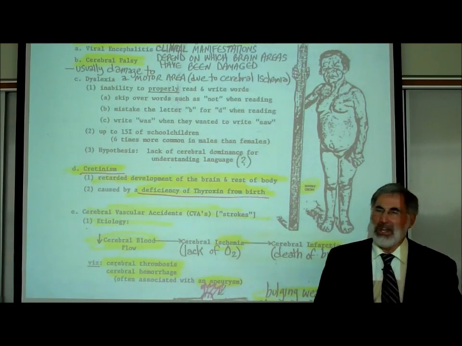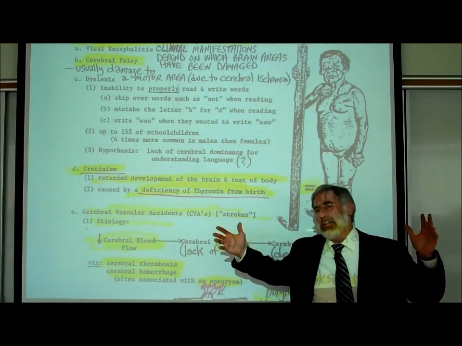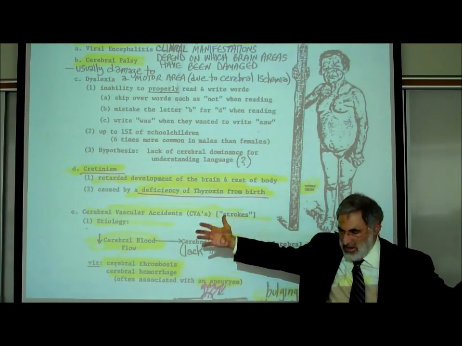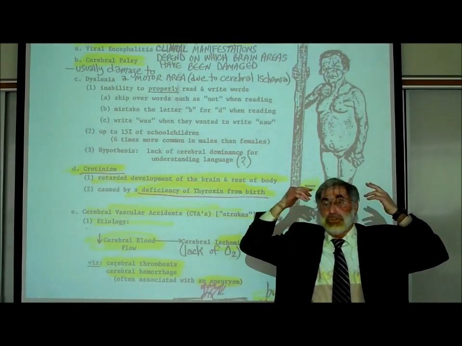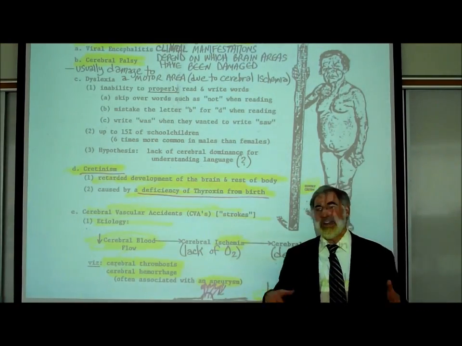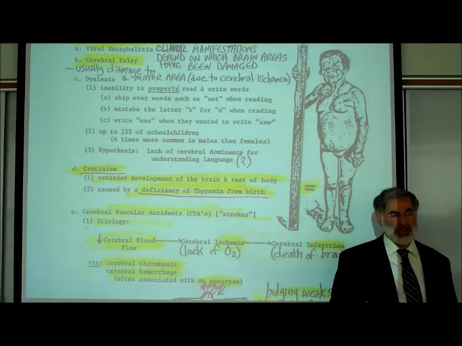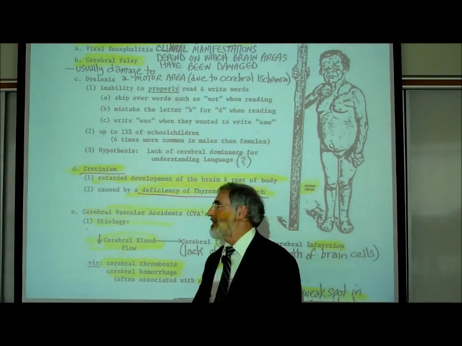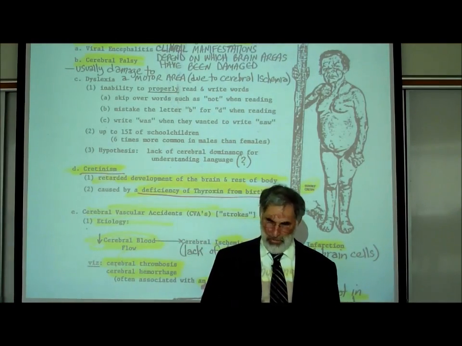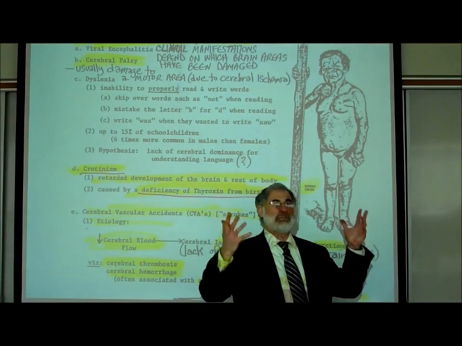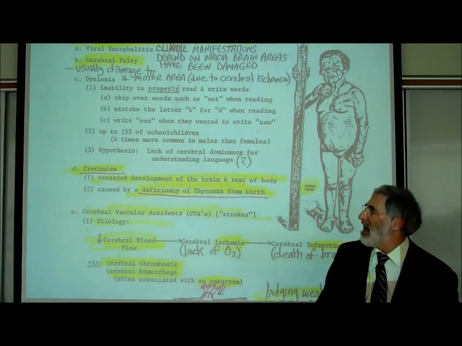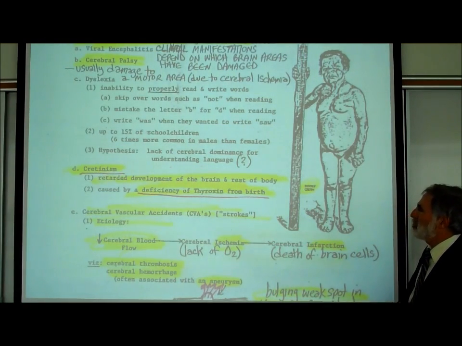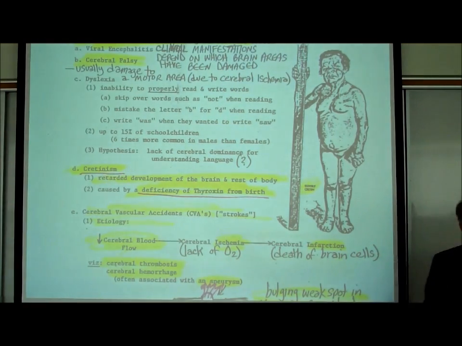Thyroxine hormone is necessary for not only normal growth and development physically of the body, but also the brain, which is part of the body. And so a deficiency of thyroxine will mean that the entire physical development is slower than normal, and the individual will not grow and develop normally, and they become physically short and mentally retarded.